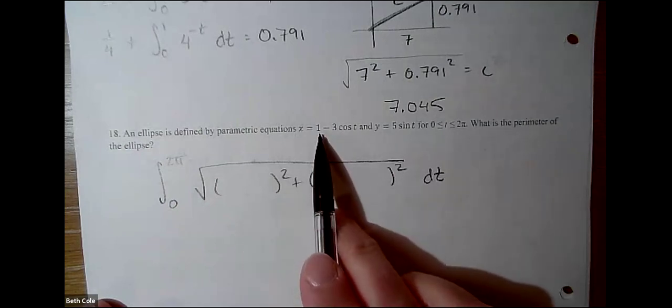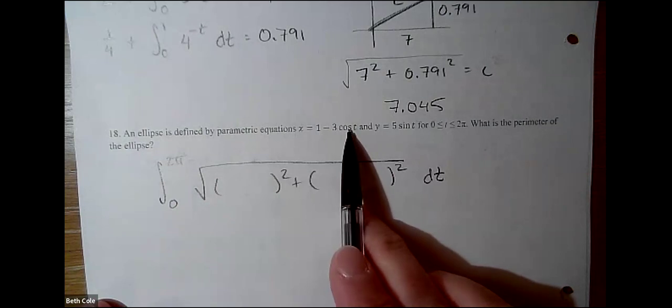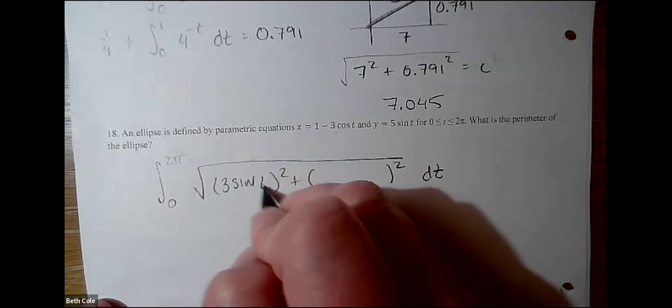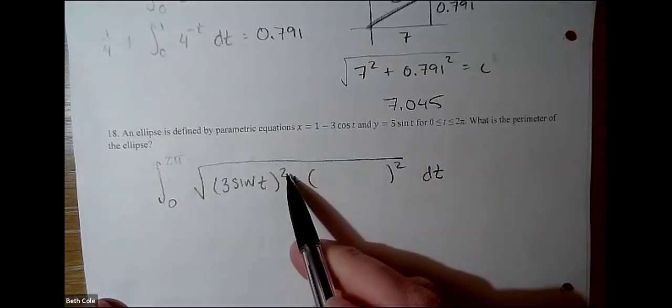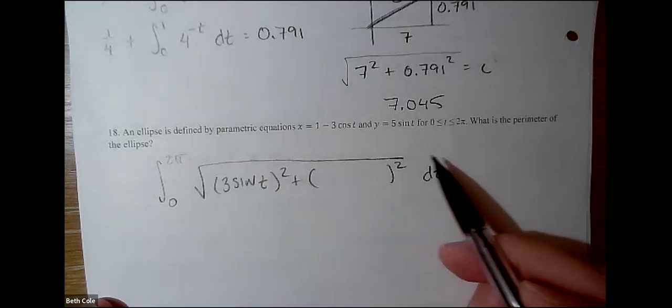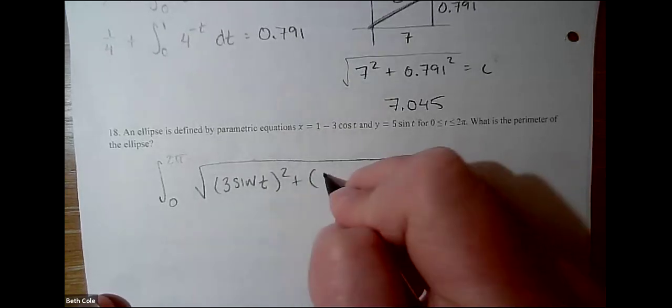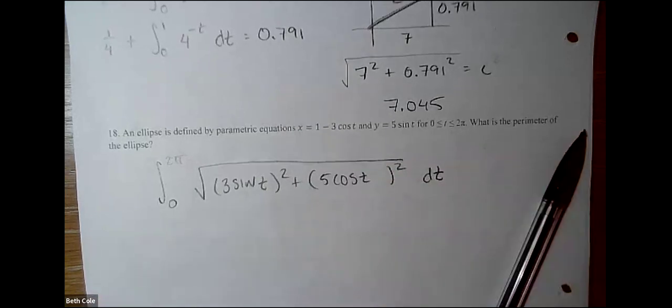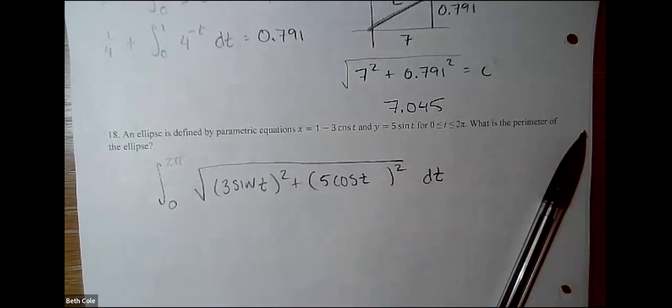So derivative for this one, the 1 is constant, that's going to be gone. Derivative of cosine is negative sine. Negatives cancel. So it'll be 3 sine of t. Even if you messed up the negative, though, when you square, it's going to turn positive. So it's kind of forgiving. And then derivative of sine is cosine. So 5 cosine t. And then we're just going to put that in the calculator.